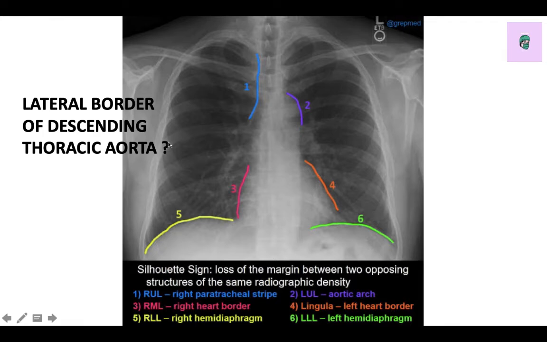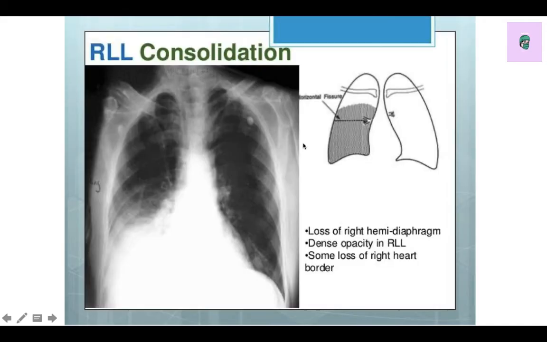And what about number 7 which we drew here, the descending thoracic aorta? If you cannot differentiate whether it's there or not, then the structure which is involved is the left lower lobe. This is not the upper lobe, this is the left lower lobe.